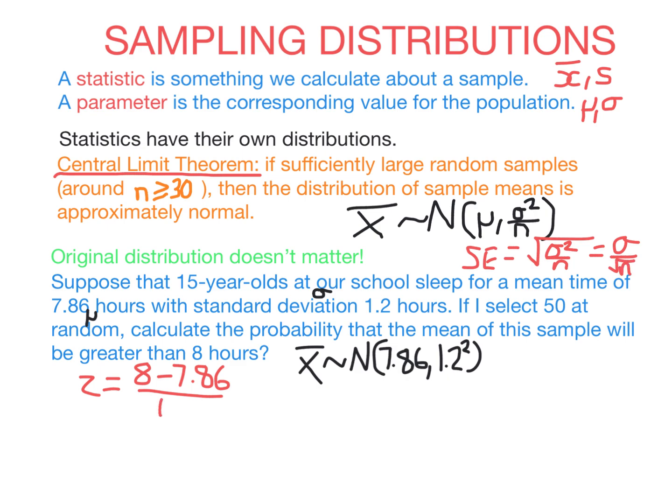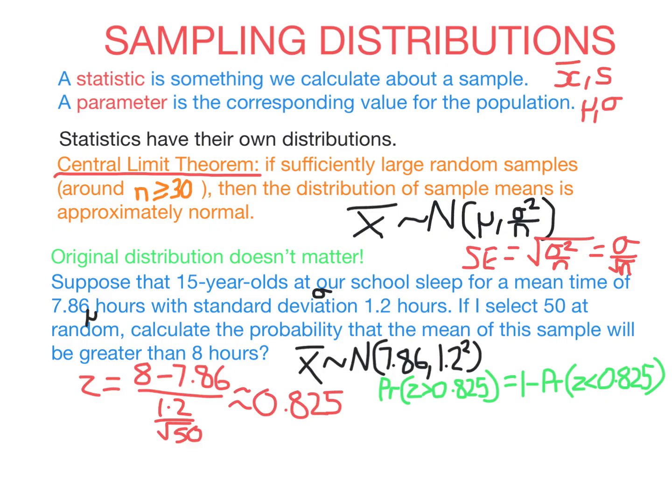So we put on the bottom sigma over root n, and we can put this straight on our calculator. And so we get a z-score of about 0.825. Now we need to find the probability that z exceeds that. If we're using tables, we can't calculate directly the probability that z exceeds a number.